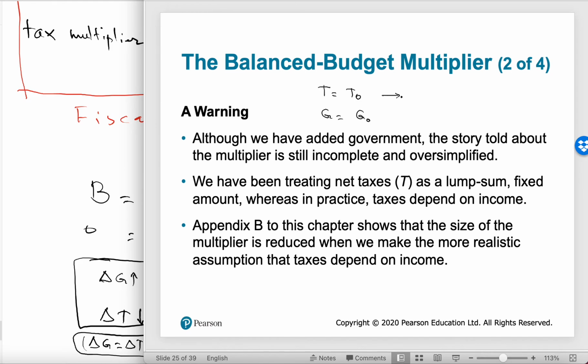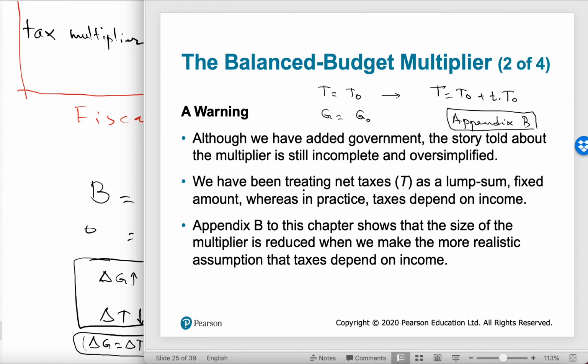If we take a more sophisticated model, like T equals T0 plus the tax rate multiplied by Y, and G also more sophisticated, then it's not going to remain balanced, and this has been explained in Appendix B.